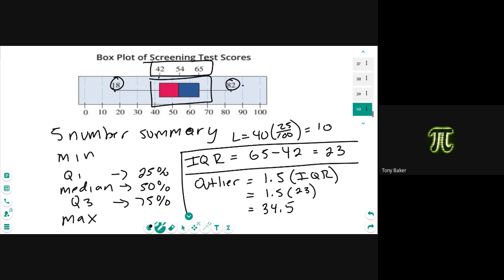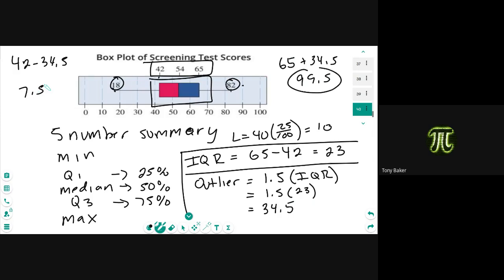So we're going to take 65 and we're going to add 34.5, and we get 99.5. And then we're going to take 42 and we're going to subtract 34.5, and we get 7.5.